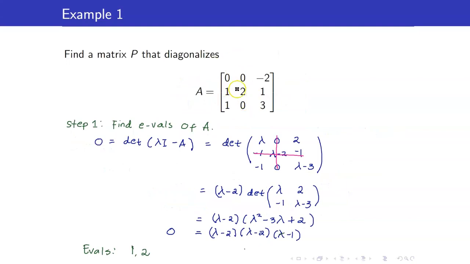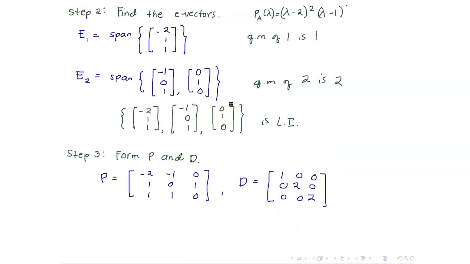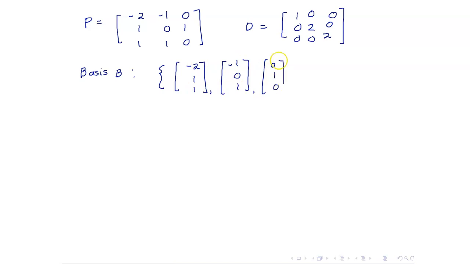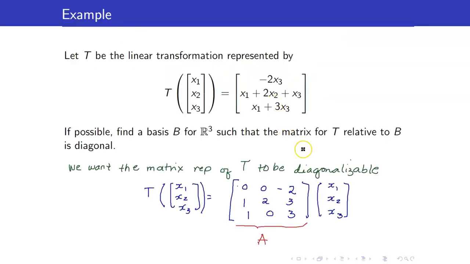We were able to diagonalize this matrix. I just copied the matrices P and D that we obtained earlier, and therefore, what will be the basis B that you are looking for? The basis B that we are looking for will just be the columns of P. The matrix for T relative to this basis B is now diagonal.